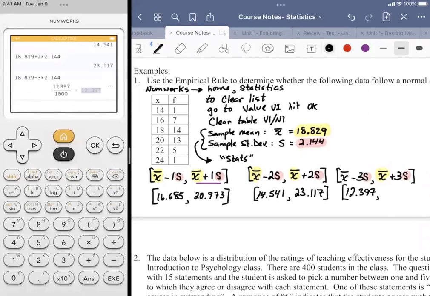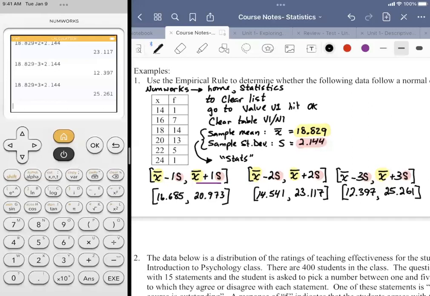My upper bound I'll get by changing that minus to a plus: 25.261. All right, so these are the three regions of interest.